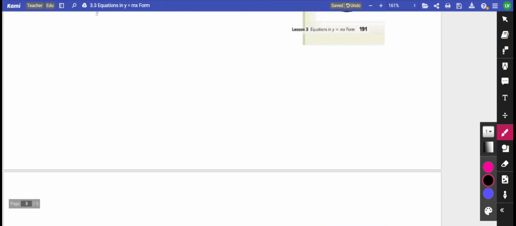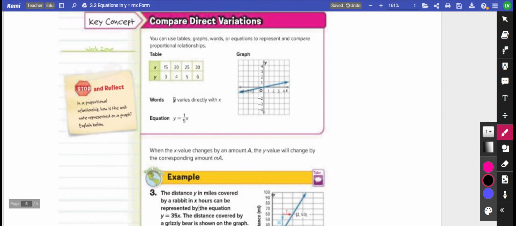Let's continue. So let's compare direct variations. You can use tables, graphs, words, or equations to represent and compare proportional relationships. We have the table, we have a graph, words, and equations. So let's just stop and reflect for a moment. In a proportional relationship, how is the unit rate represented on a graph and explained below?